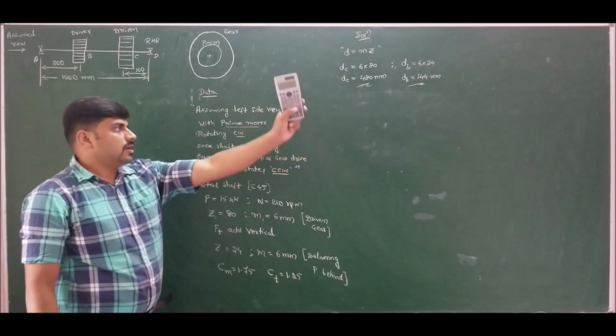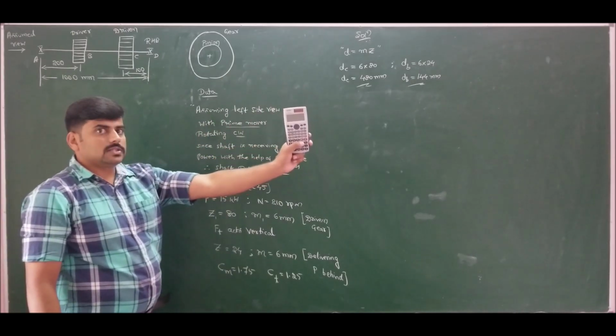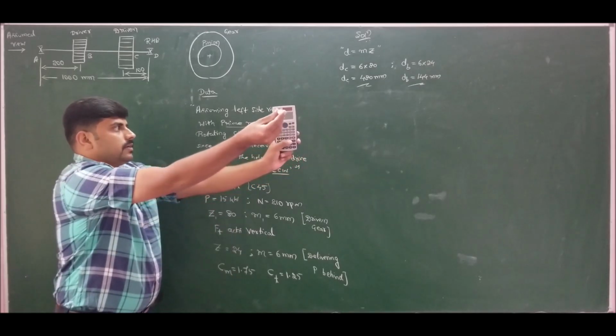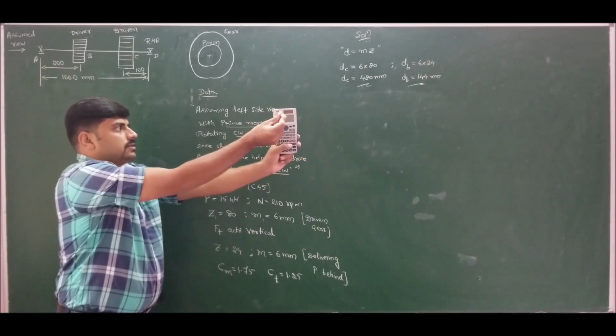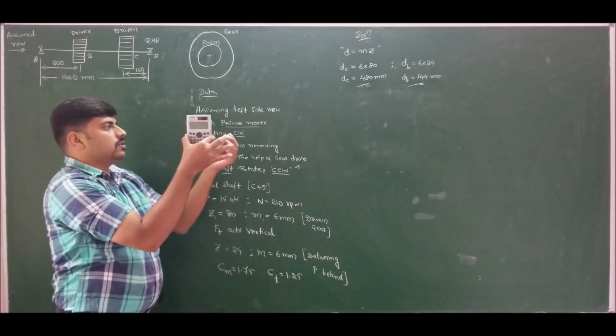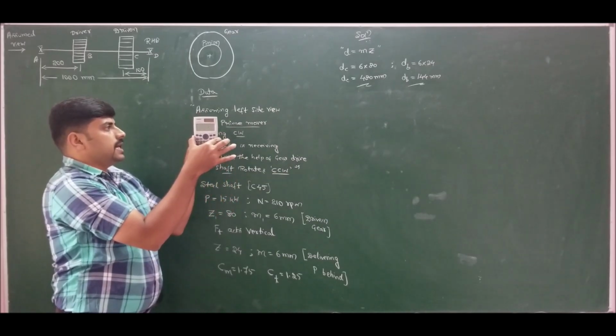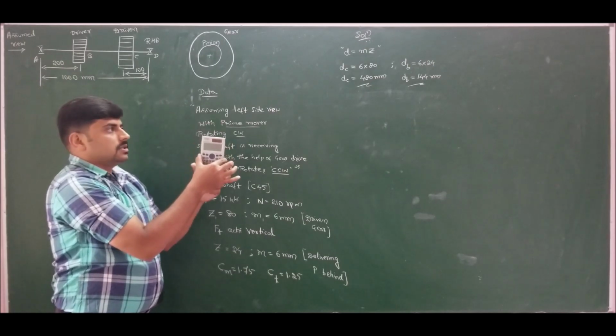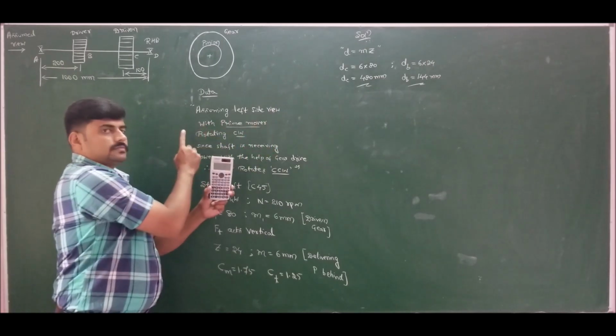So we have a shaft on which we have a gear. This gear is receiving power from another gear present in front of it. And we have the pinion located here. It is giving out power to another gear located behind it. So we will assume like this.